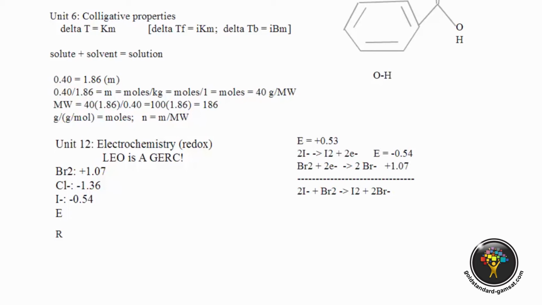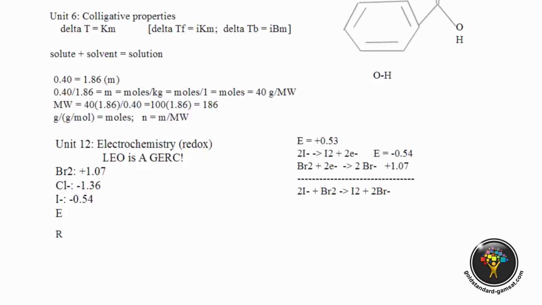Okay, so based on table 2, which one of the following is the strongest reducing agent? So there you go. The question is, which is the strongest reducing agent? So now we are going to translate that. Strongest reducing agent means that this is what is going to be oxidized.